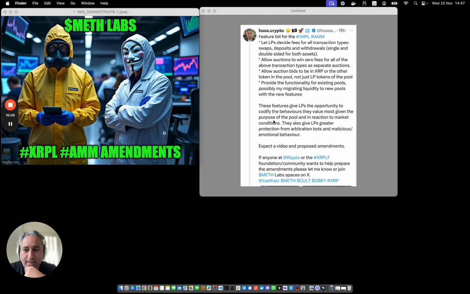You can't create 10 of them, whereas on other chains you can have 10 Ethereum XRP pools, all created by different people in different smart contracts, which fragments the liquidity. And if you fragment the liquidity in a pool, it's not good, because it adds friction and costs and all sorts of other problems. So it's a great feature of the XRPL that the liquidity is not fragmented, it's unified.